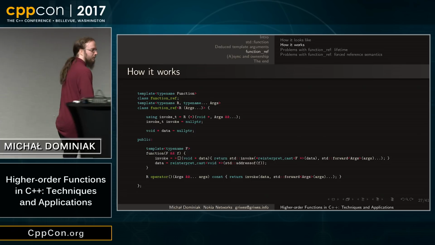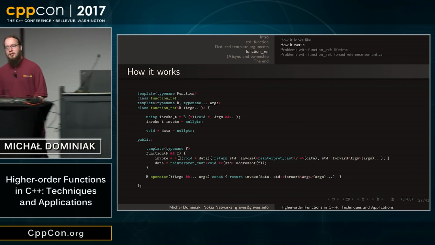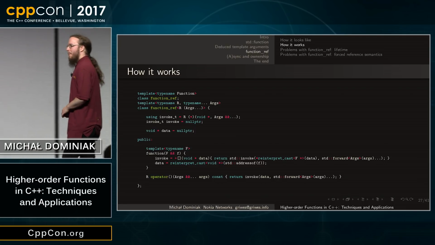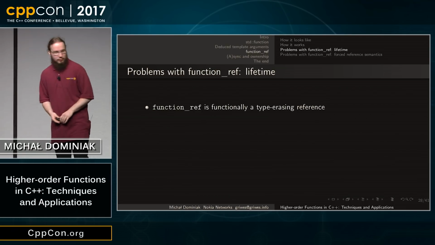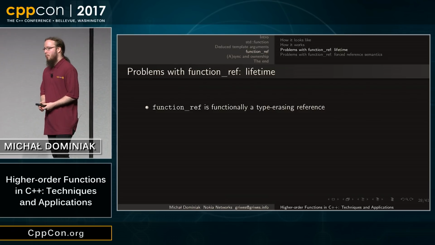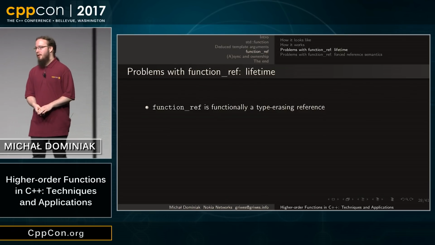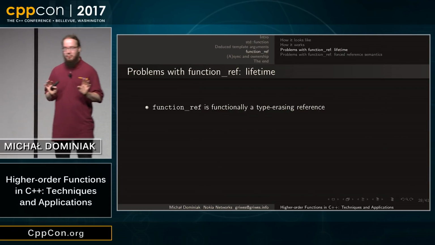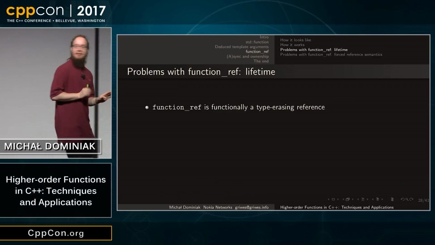So function ref is a reference. References have this problem of lifetimes. When we pass something by reference, it's: take my word that this thing is going to be alive for as long as you need it.